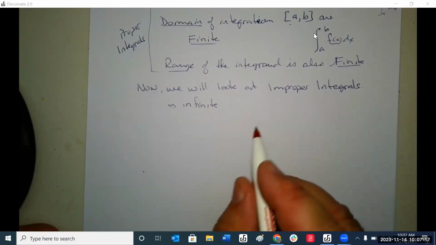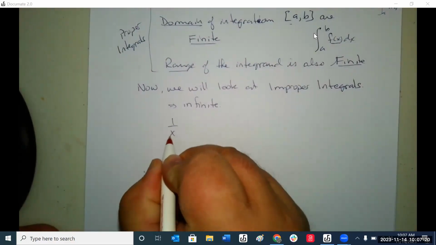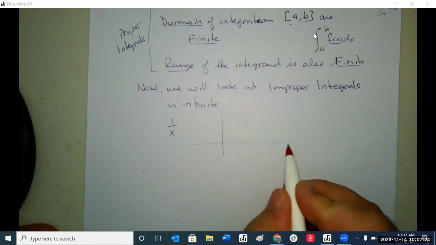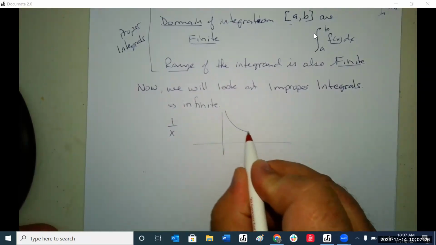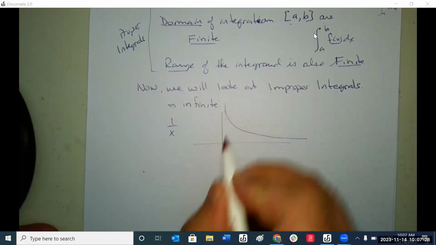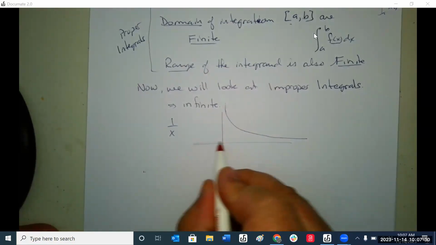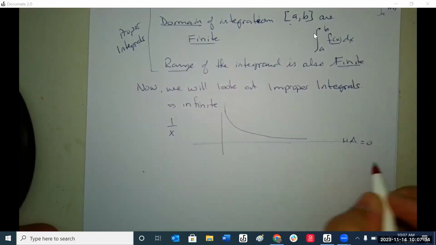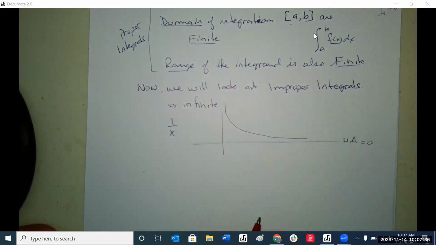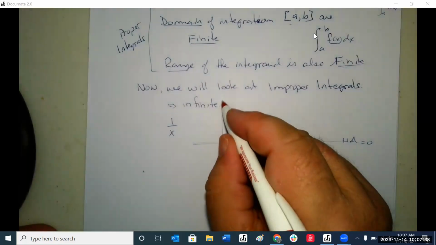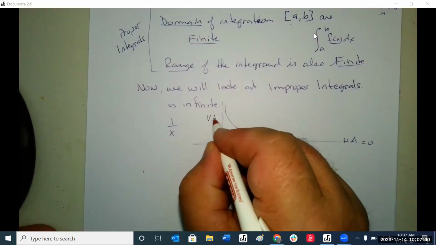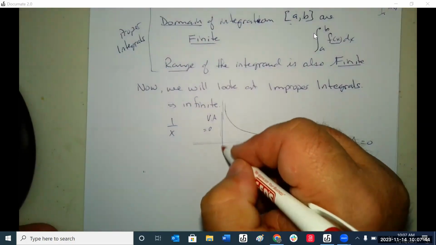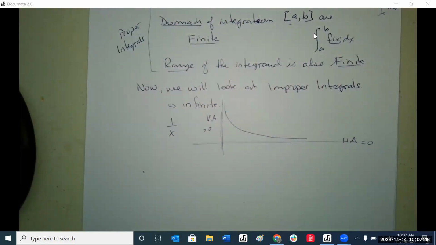So we can look at any function, say 1 over x. It has a horizontal asymptote at 0. So the graph will never cross the x-axis. And it has a vertical asymptote also at 0. Again, it'll never have a y-intercept.